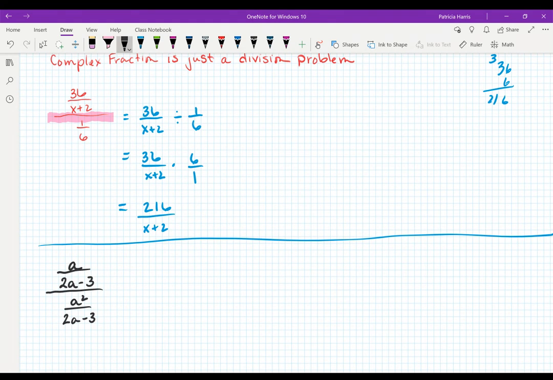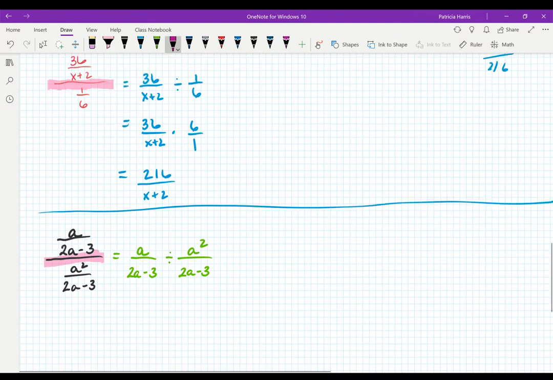Unless they get super complicated, they're not too long of problems. Okay, if you're more than comfortable with the shortcut, then that's fine. I always like to write it out just so I can keep track of what I'm doing. Okay, so my division bar is right here. So I have a over 2a minus 3 divided by a squared over 2a minus 3.